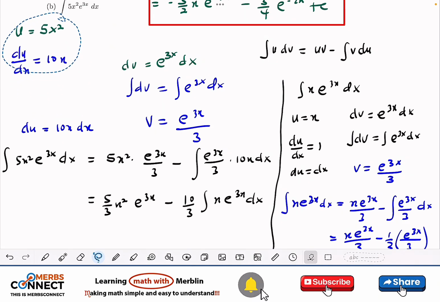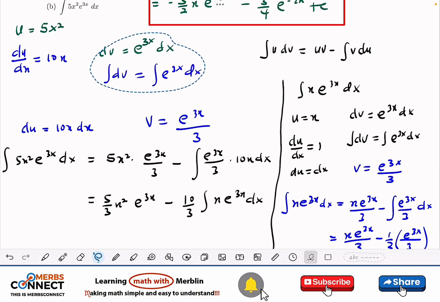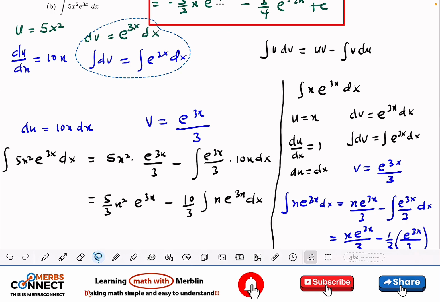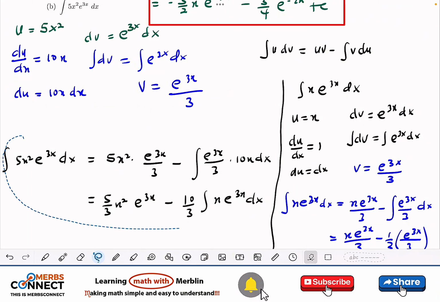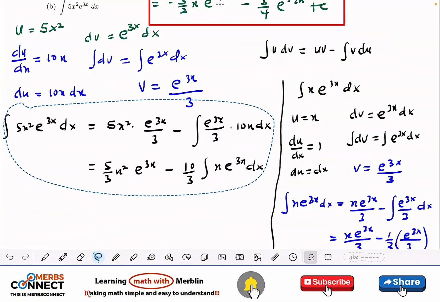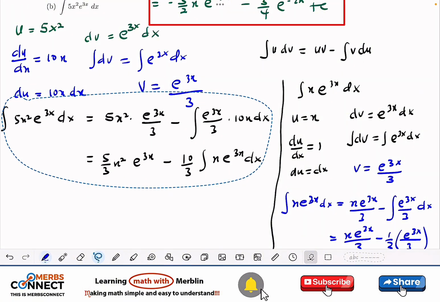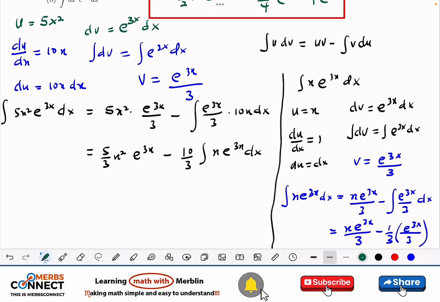So let me shift this one up small so that we can use the space. Good. So this is what we are going to do now. We are going to do substitution. So I'm going to have 5 over 3 x squared e to the power 3x minus 10 over 3.